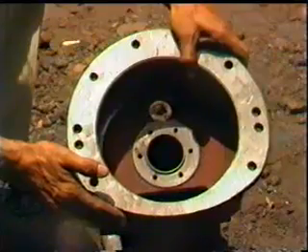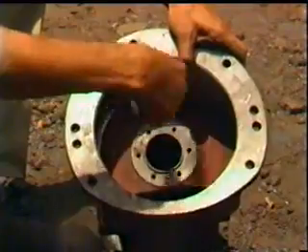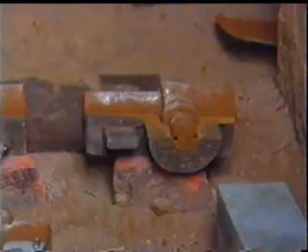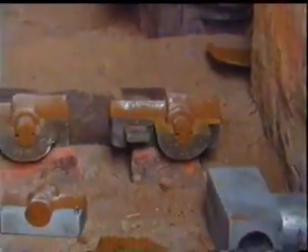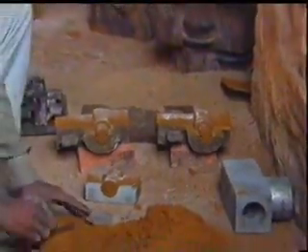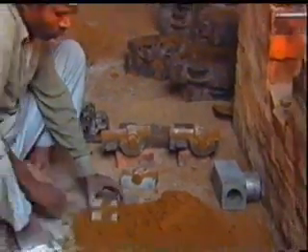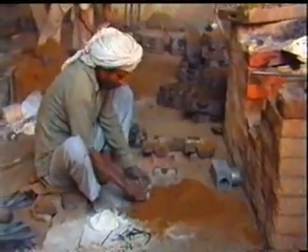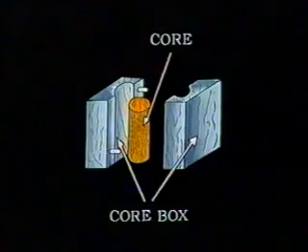Cores are used for producing cavities in the casting. Cores are made of specially prepared sand. They are made in core boxes.